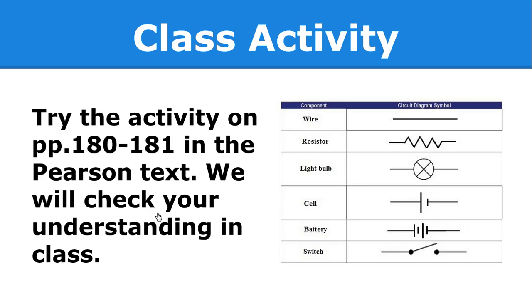We want to check your understanding of the different parts of circuits, so you're going to label those as a wire, a resistor, a switch, or an energy source. We'll do it in class together, talk about it, and see how well you understand electric circuits.